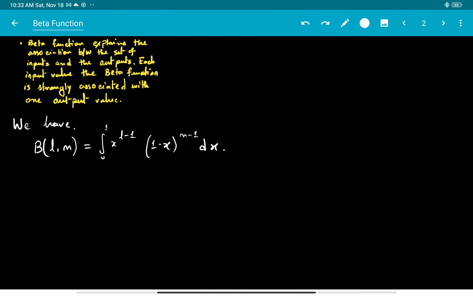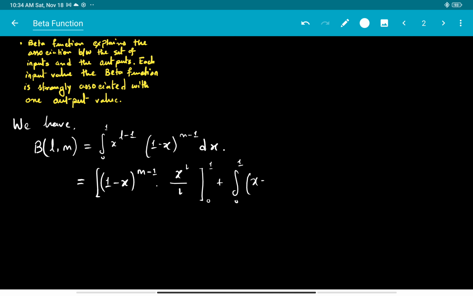Okay, so as it is our first function, we will write (1 minus x) to the power m minus 1, times the integration of x to the power L minus 1, which will be x to the power L over L, with limits 0 to 1.